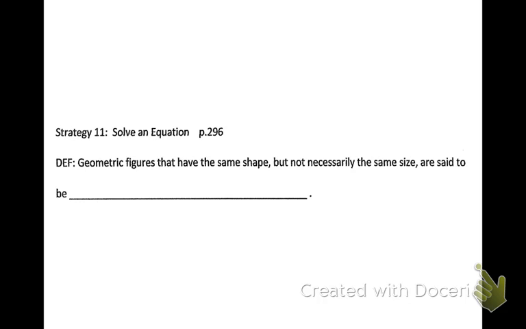Everybody know how I would set it up? How could we set it up to find the actual length of the longer dam? 100 meters equals 3 centimeters, and x equals the second dam's picture length.